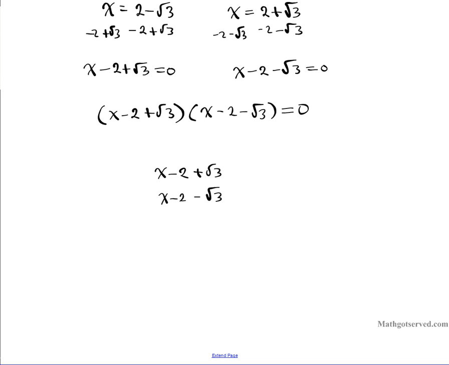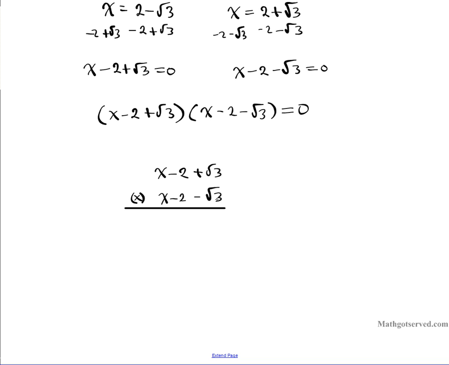Whenever I'm multiplying terms with more than 2 terms, I like to use the vertical multiplication method so I can stay organized while multiplying, all right? If it's just two terms, I could just multiply horizontally, but this one I'm going to multiply vertically so that you see how I organize everything. I'm going to make sure that like terms or like degrees stay in the same column, all right?